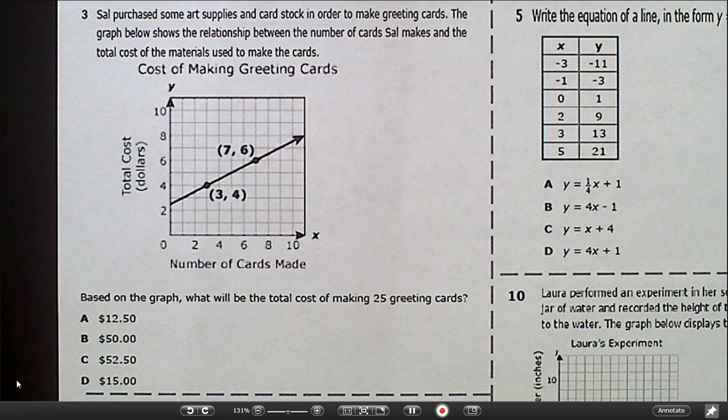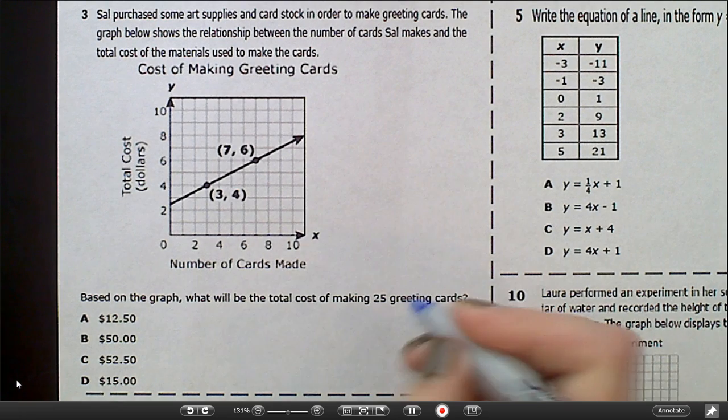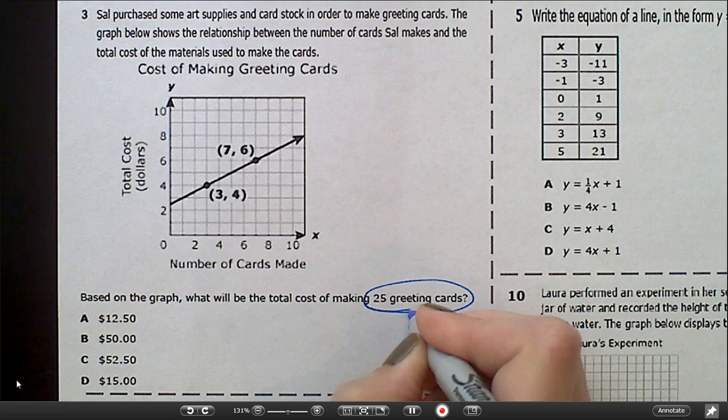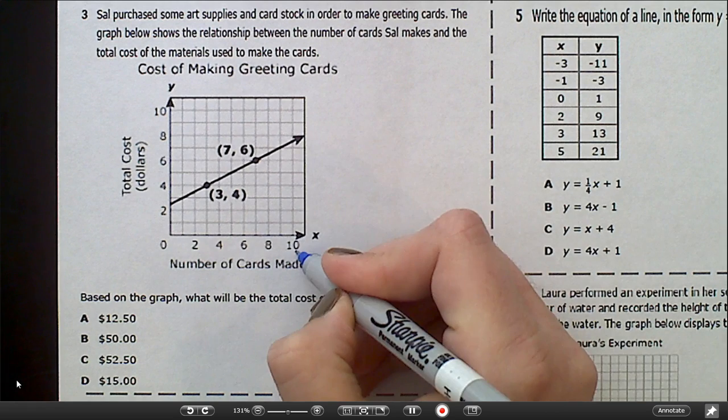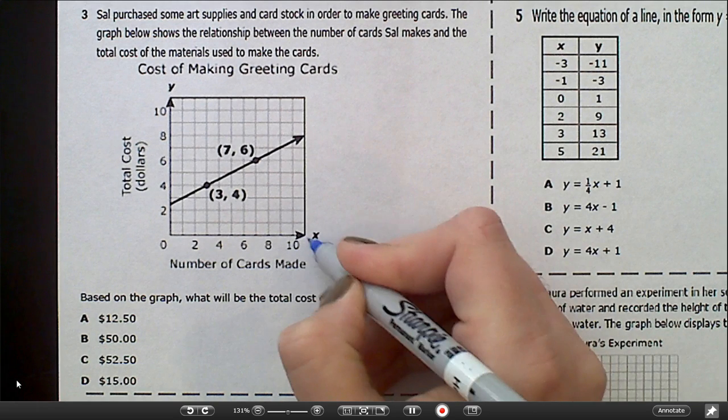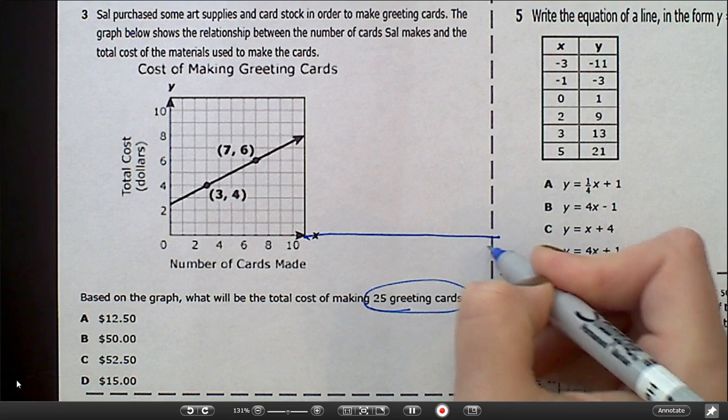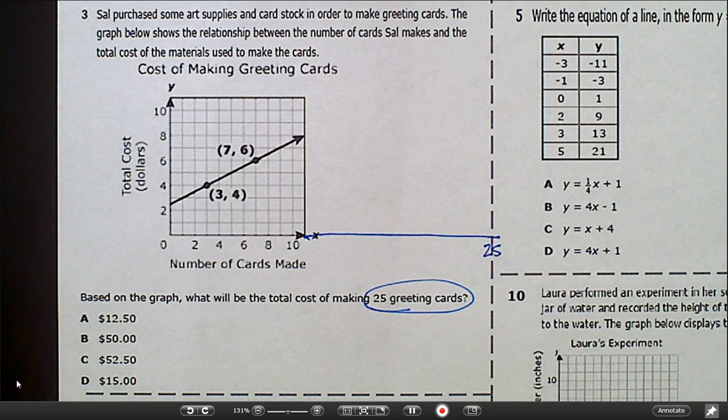Based on the graph, what will be the total cost of making 25 greeting cards? So here we have 10 greeting cards. So we want to take that all the way over to 25. All right, my suggestion, and there are a lot of ways to solve this problem, is to find something that I can evenly divide into 25.